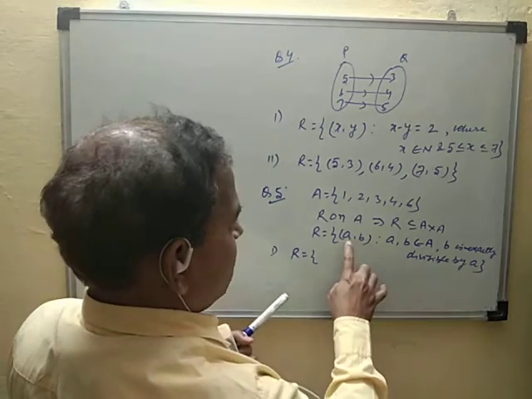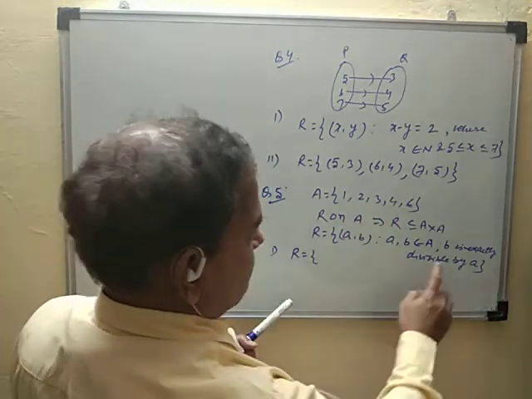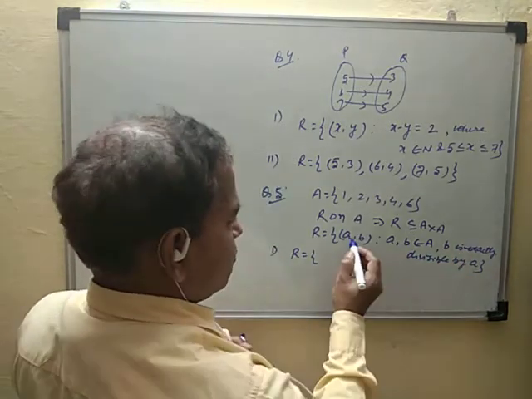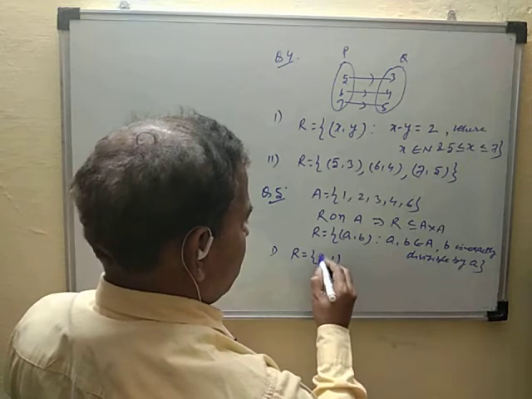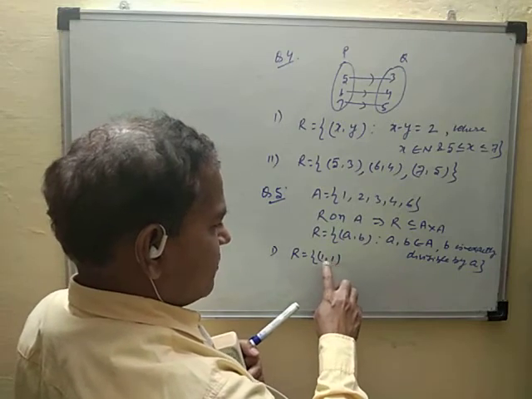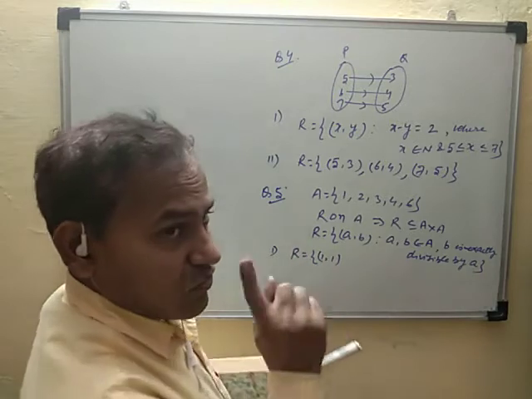Since the values of a and b both belong to set A, and given b is exactly divisible by a. Suppose the first element a is 1 and b also 1. Since 1 is divisible by 1, b is equal to 1.